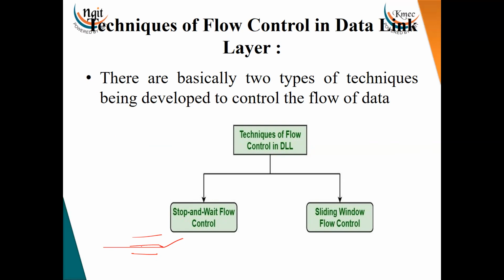Next, at the data link layer in flow control, we have 2 types of techniques. One is the stop and wait flow control. Another one is the sliding window flow control. Now we'll see what is meant by stop and wait flow control.